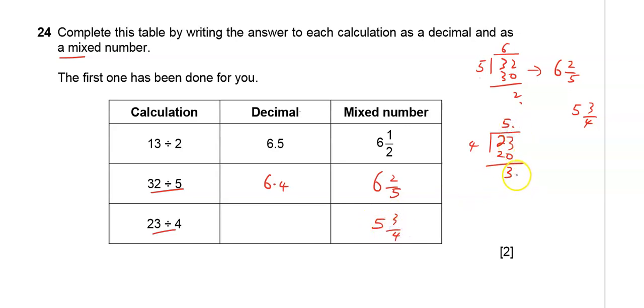We add a point and a 0. What number do we multiply by 4 to get something close to 30? That number is 7, for 28. 30 minus 28 gives us 2, and we add a 0 to get 20. Of course, 4 multiplied by 5 gives us 20. So the number in decimal is 5.75.